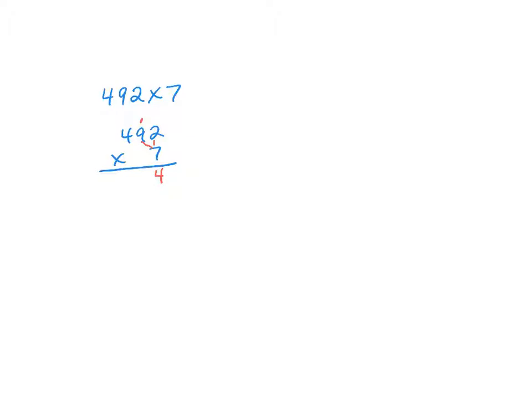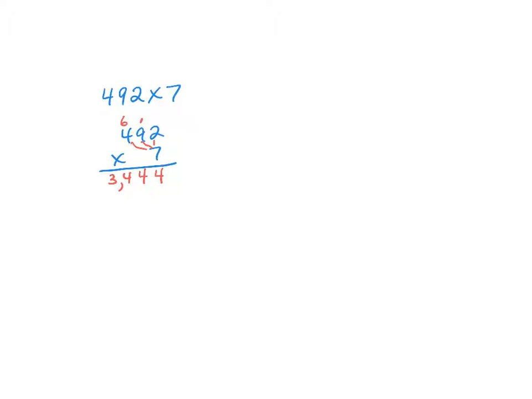Then 9 times 7 is 63, plus that 1 is 64. Put down the 4 and regroup the 6. 4 times 7 gives me 28. 28 plus 6 gives me 34. So I get a final answer of 3,444. And that is one way that you can do that problem.